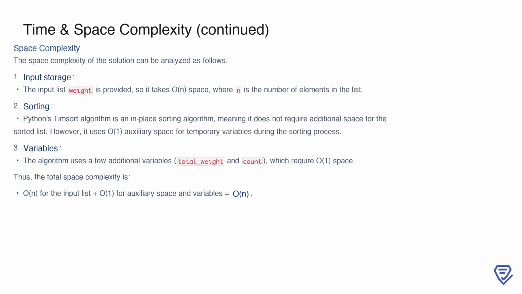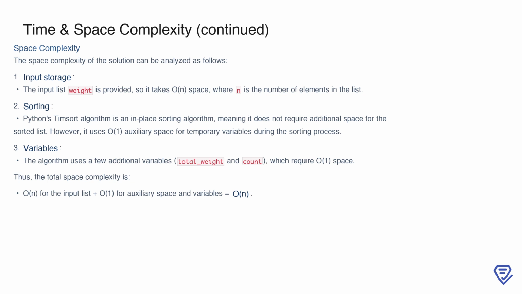Now let's examine the space complexity. The input list of weights itself takes up O(n) space since it contains n elements. For the sorting step, Python's timsort is an in-place algorithm, meaning it does not require extra space to create a new sorted list. However, it does use a small, constant amount of auxiliary space for temporary variables, which is O(1).